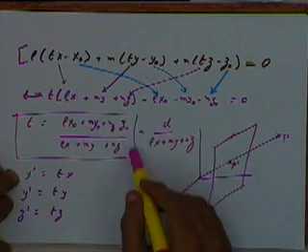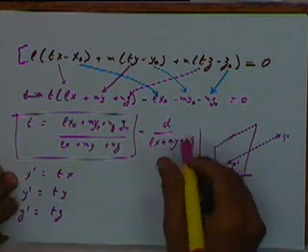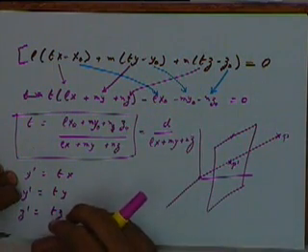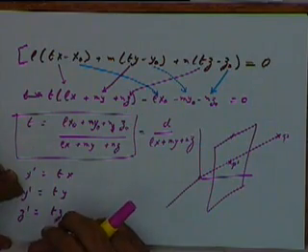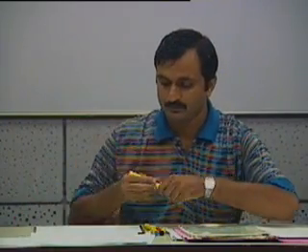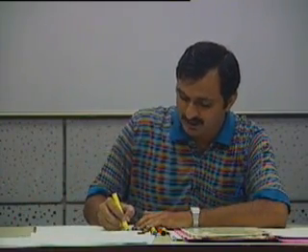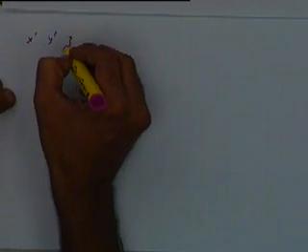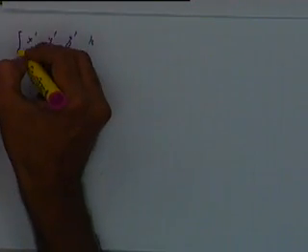Okay, and if you want to write this relationship using matrix multiplication transformations, how do we do that? We have to say x prime, y prime, z prime, h.